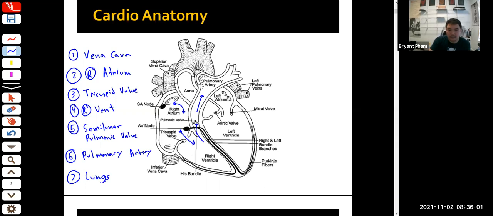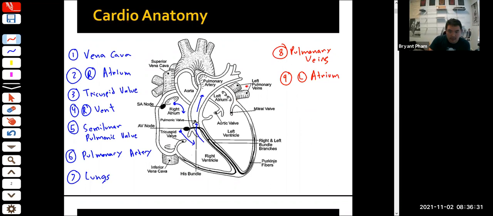Easy enough. We get some nice oxygen and come back from the lungs. We're going to enter the pulmonary veins. Then we're going to hit the left atrium.